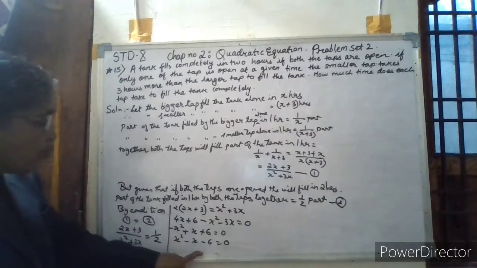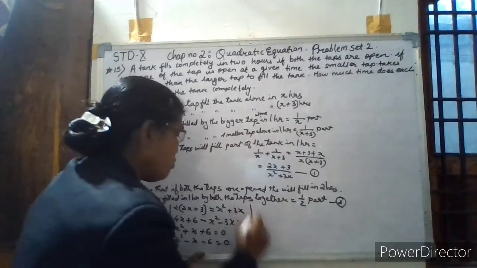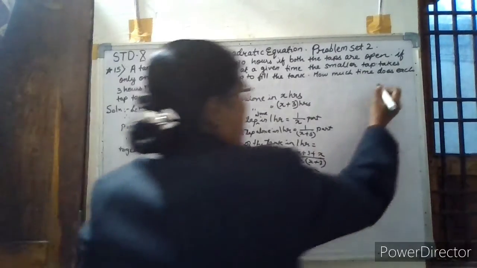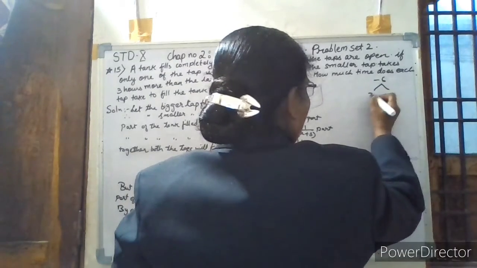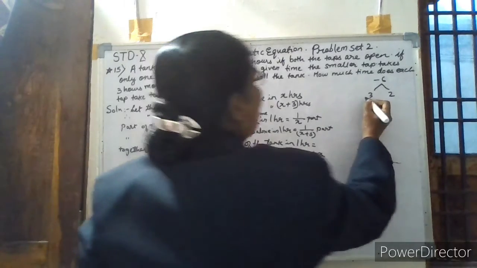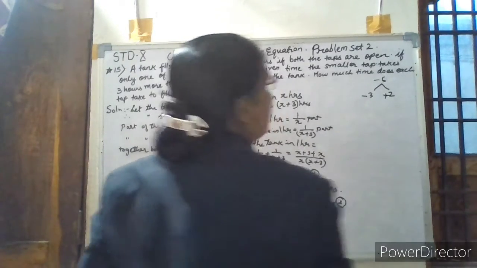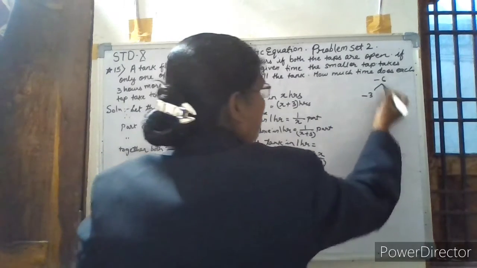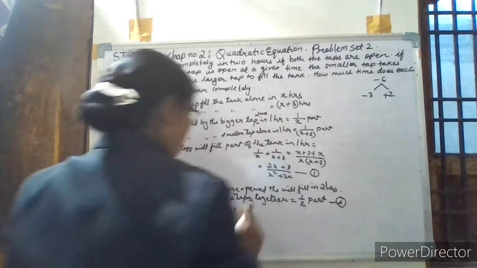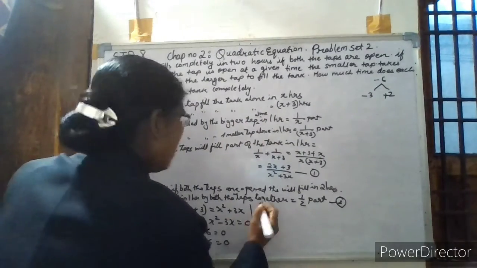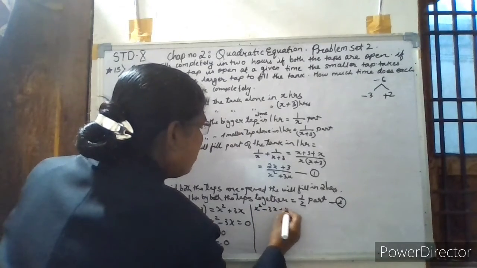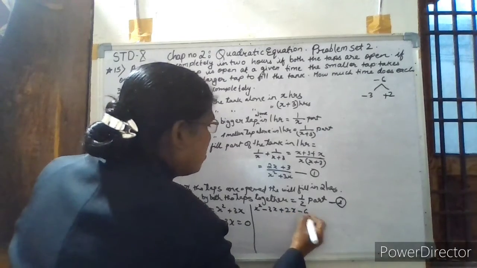Now minus 6 has to be split in such a way that when we add or subtract, we should get minus 1. So minus 6 is split as 3 into 2; we take factors of 6. Now the middle term is minus, so put minus for the bigger number and the opposite sign to the smaller number. Minus into plus is minus, 3 and 2, and if we simplify it, we get minus 1. So the middle term minus x is split as x squared minus 3x plus 2x minus 6 equal to 0.